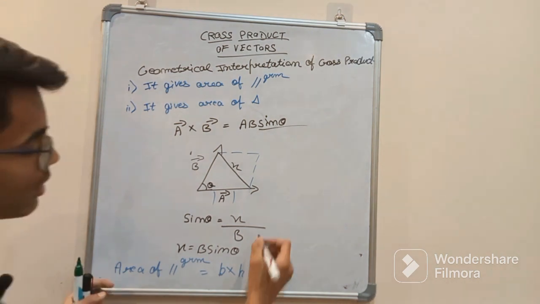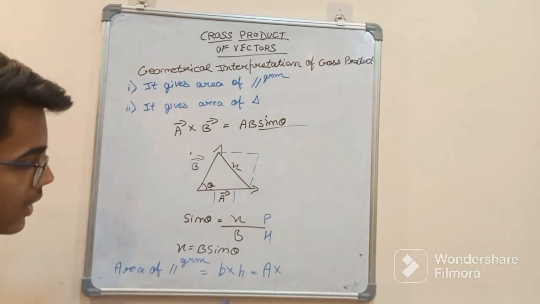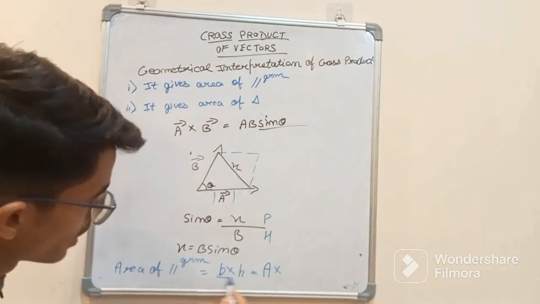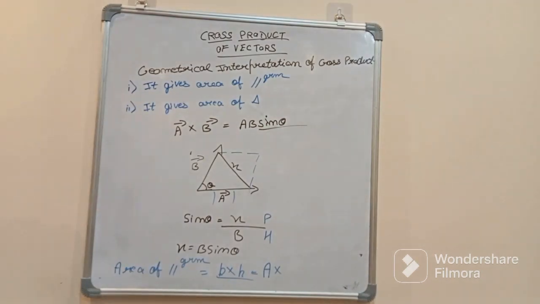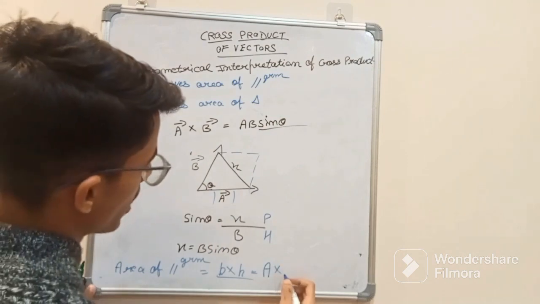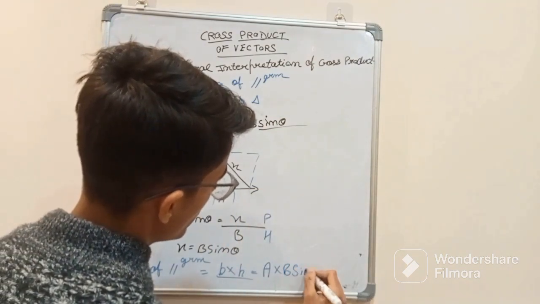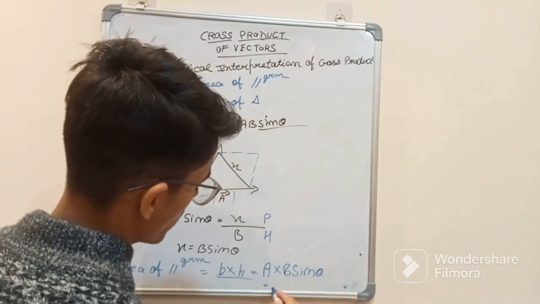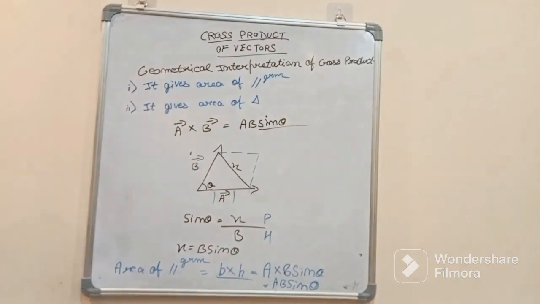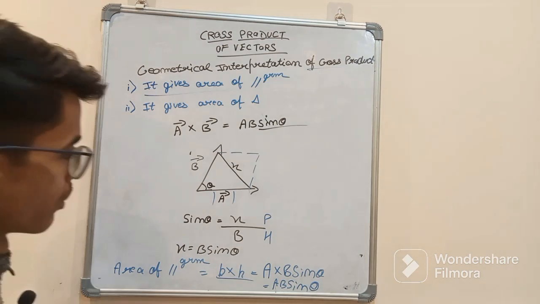What is h over here? Base into height, so height we have x, and we have the value of x, that is B sin theta. So that is equal to AB sin theta, and hence we can say cross product gives area of parallelogram.